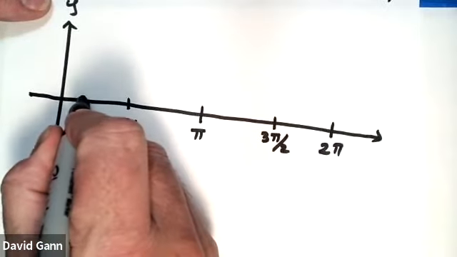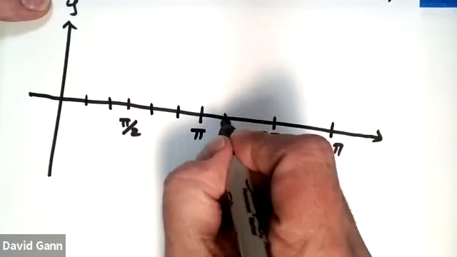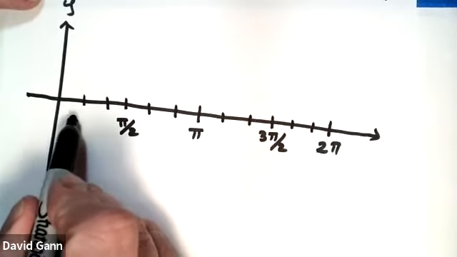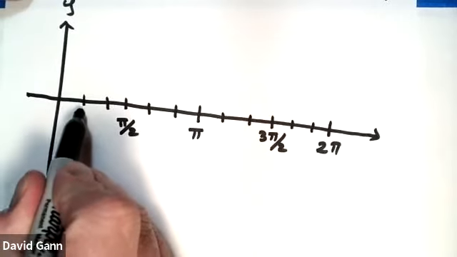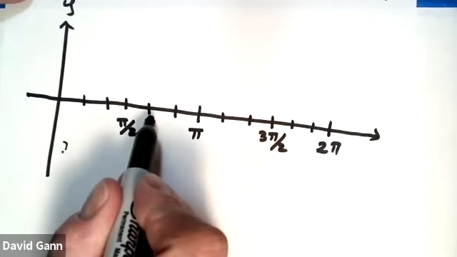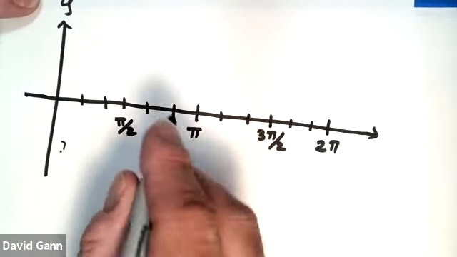So your thirds are 1, 2, 1, 2, 1, 2, 1, 2. Those are representing, like this one is pi over 6, this is pi over 3, 2 pi over 3. I'm not going to write them all in there because it starts to make a mess.